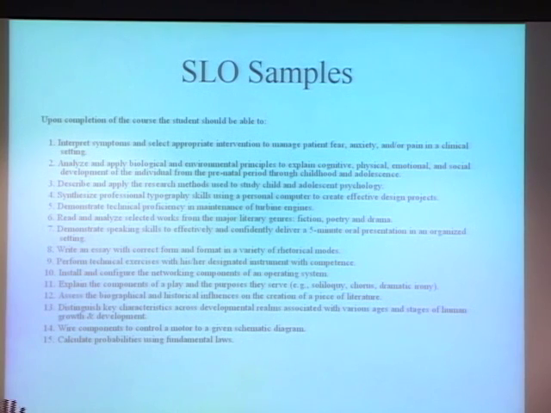Okay, now I collected some samples just so that you get an idea of what we're looking at here. You can see most of these have critical thinking already in them by the use of the first verb in the list. But if you have a lab course, it would seem reasonable that a type of performance would be at the outcome level.